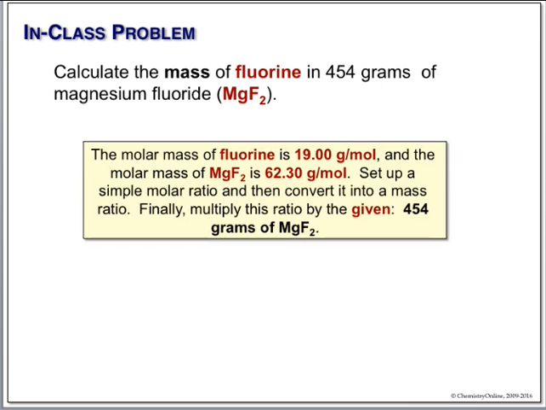There we go. Fluorine is 19 grams per mole. Magnesium fluoride is 62.3. Again, mass divided by molar mass is going to give us moles. Once we know moles, we're going to stick in our mole ratio to get mass of fluorine.